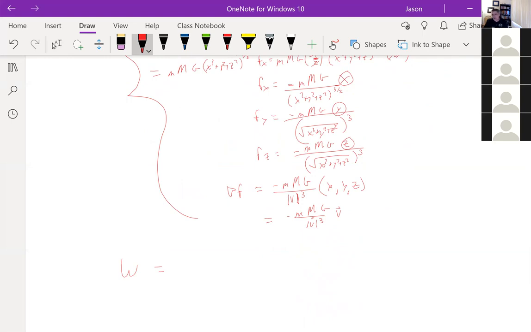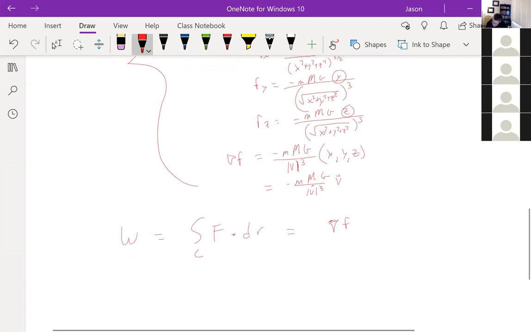We saw from Monday that the work was the line integral of F dot dr. Okay, and because this F can be changed into a gradient function, which we're going to call conservative later, if you can get a gradient function, then it's conservative.